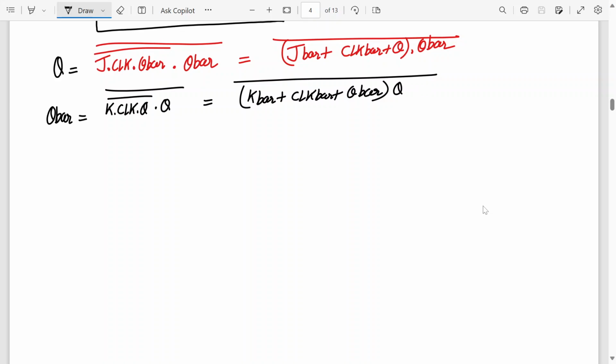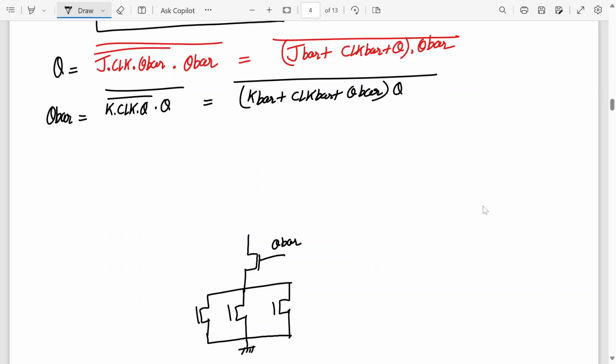So let's start with the NMOS network. So this will be Q bar. We have to be very careful about Q, where we write Q and where we write Q bar. So there are three NMOS transistors with the input J bar. We are implementing the upper one, J bar. Then it will be clock bar, and here it will be Q. This is Q bar.